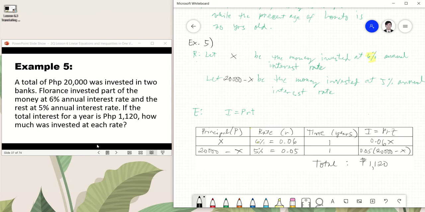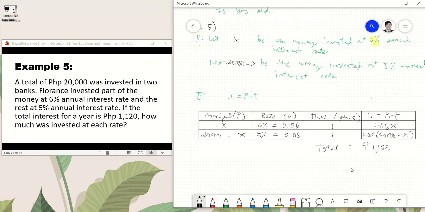And kung ano yung nadagdag sa original money mo, that's what we call interest. Okay? So for now, based from the problem, kung i-add daw yung nadagdag sa pera niya from the two investments, 1,120 daw yung nadagdag. Yan ang meaning ng ating 1,120.